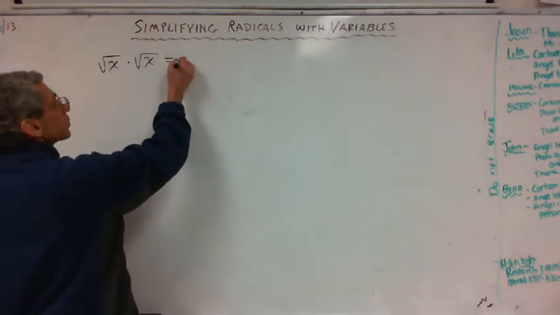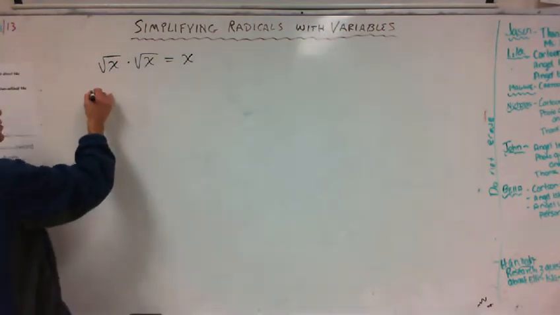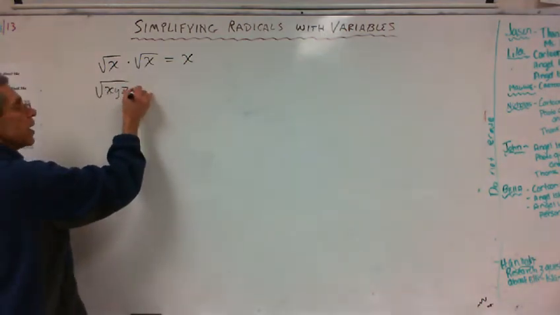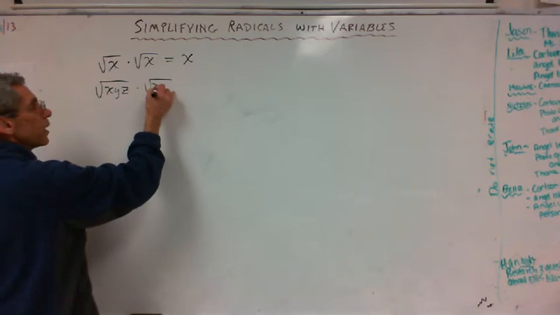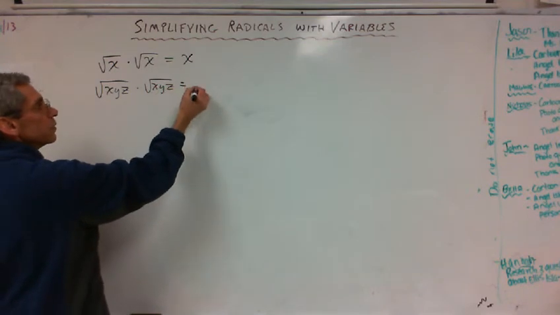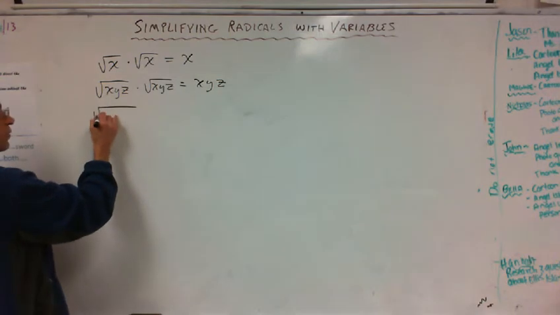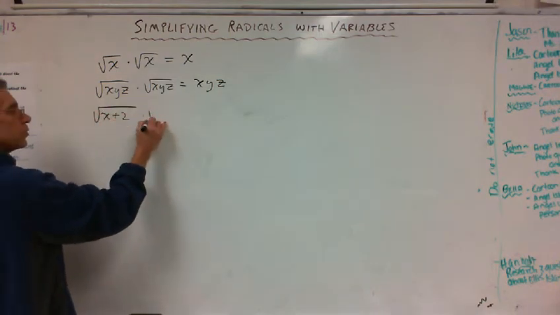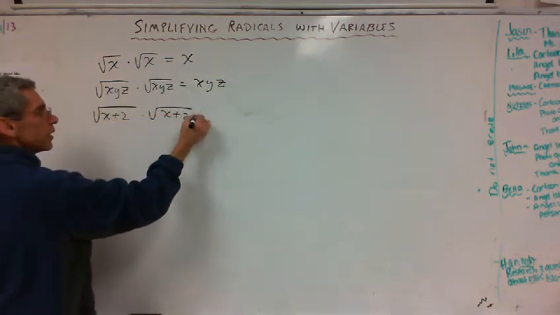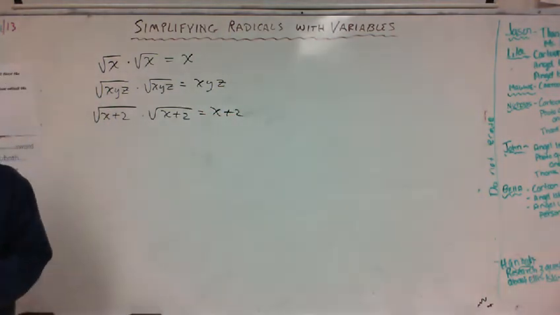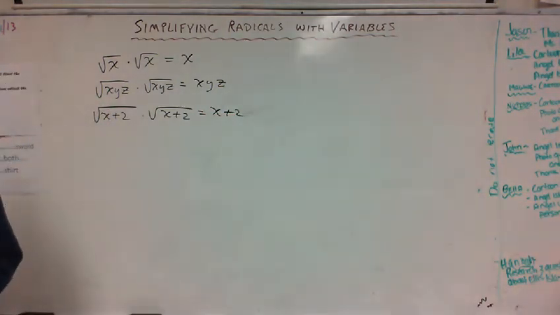If I had the square root of xyz times the square root of xyz, what does that give me? xyz. Very good. If I had the square root of x plus 2 times the square root of x plus 2, what does that give me? x plus 2. Really, really important and really helpful, and I'm assuming all people are taking notes.